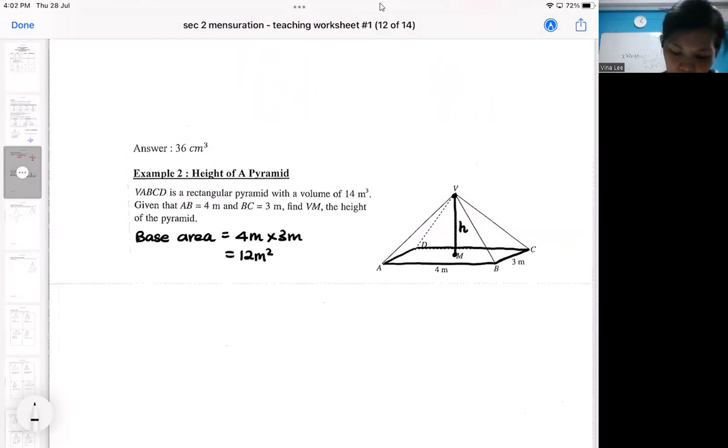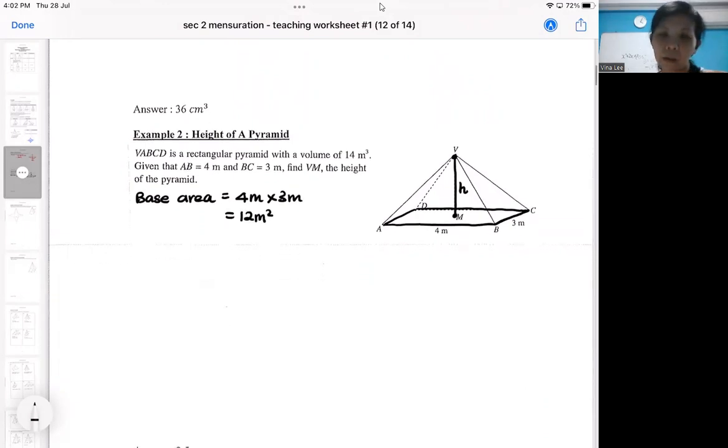So if you're not so confident, don't do all the working at one time, but label your working. So when you do 4 times 3, what are you looking for? You are investigating the base area. So then, okay, I'm given the volume. So maybe you would like to write out the formula and then set it up like an equation.